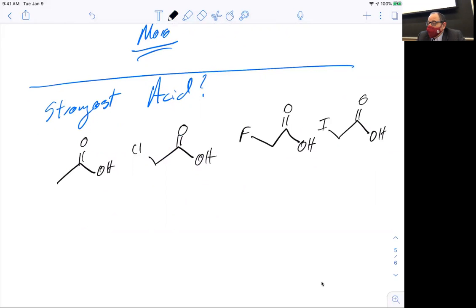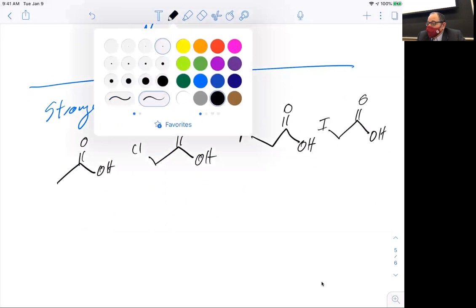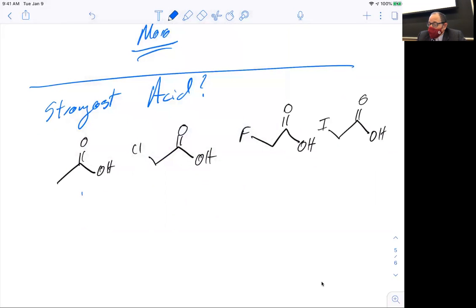If we look at this one, one of the things we can do is look at all the conjugate bases. That'll help us think about what's going on.